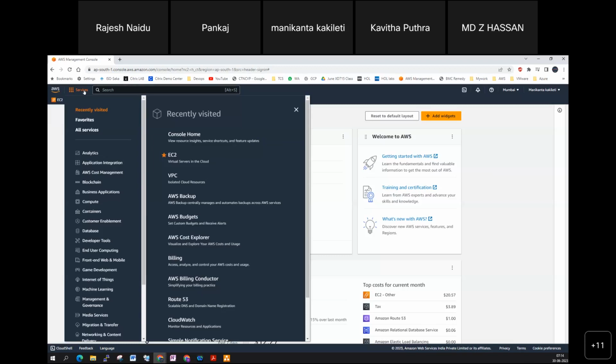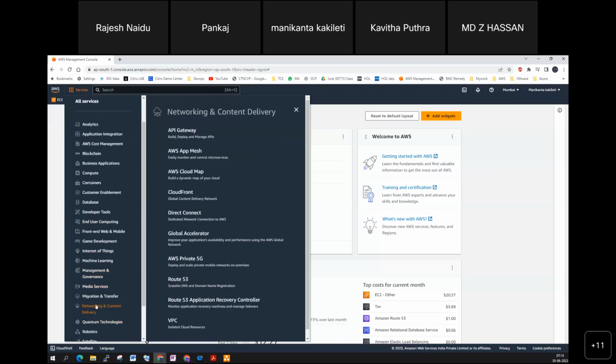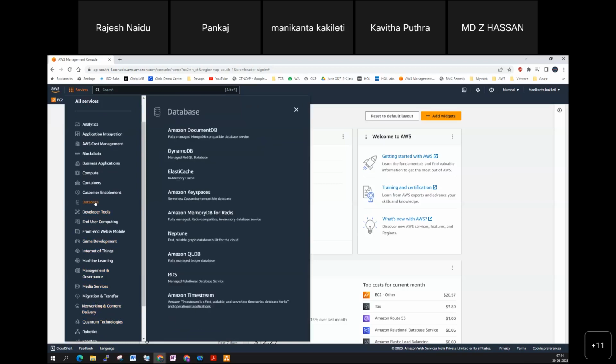So now Pankaj can manage only network services, and Raghavendra will be managing only database-related services. If some dependent services are required, they will get access. The remaining services they don't have access to. That is managed by IAM. I hope everyone is clear.